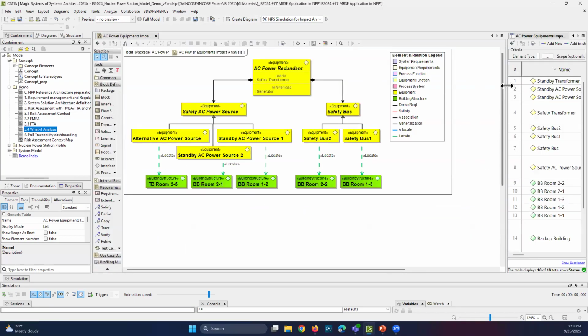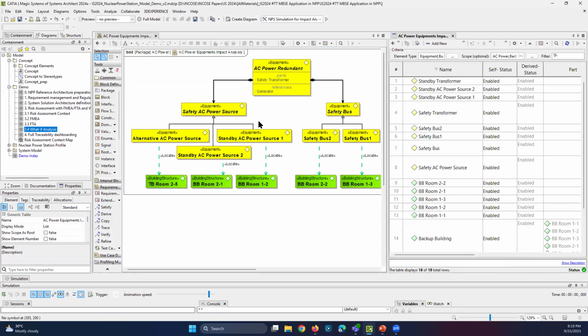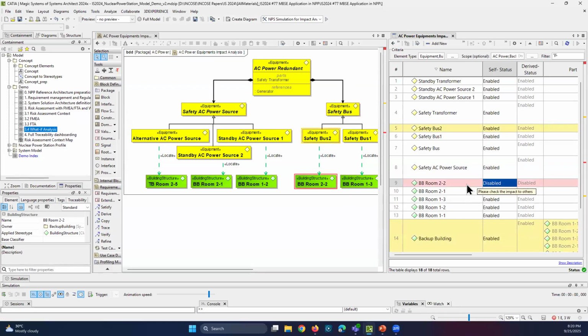All right, so now you can see that I have the whole architecture. So what does the model actually help us with, right? Let's say that if room 2.2 is under maintenance, the room will be disabled. The moment the room is disabled, based on the architecture relationship, it identifies that the safety bus will also be impacted, right? So you see it being highlighted.